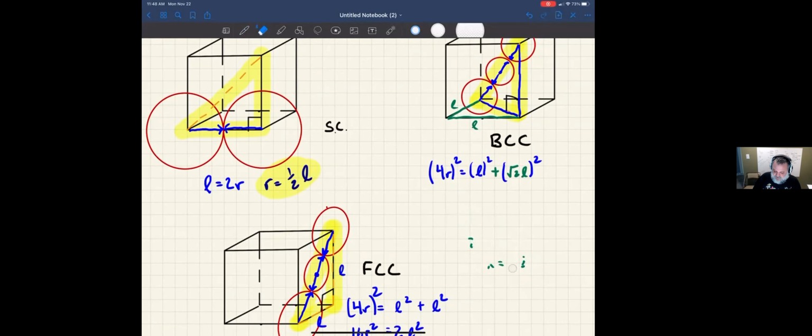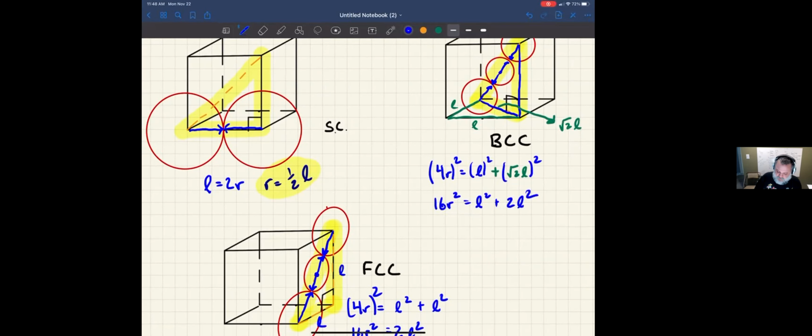I know what this one was: square root of 2 times L. Now that I know that, I can square it. So let's figure everything out. So I've got, again, 16r squared equals L squared plus 2L squared. Now I've got to add it all up.